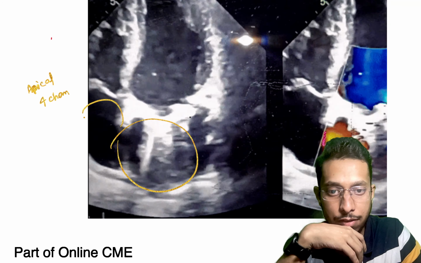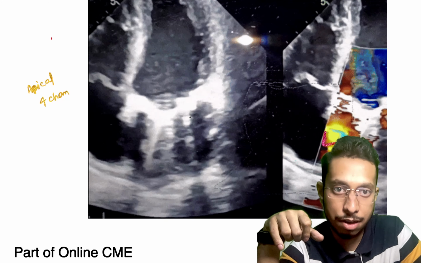Alright. Now you can check that the metallic prosthesis is well seated in the mitral position. How do you know it is a metallic prosthesis? Because you can see hyperlucent shadows beneath it. So it is seated in its own position, but what other finding is of our concern?